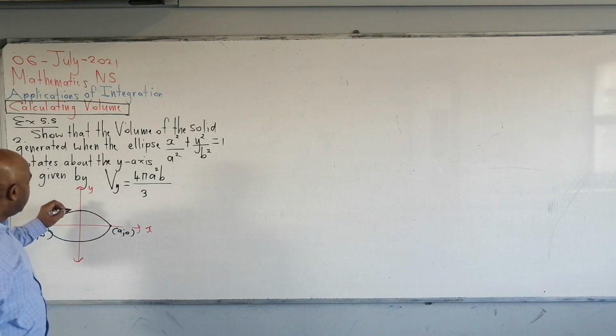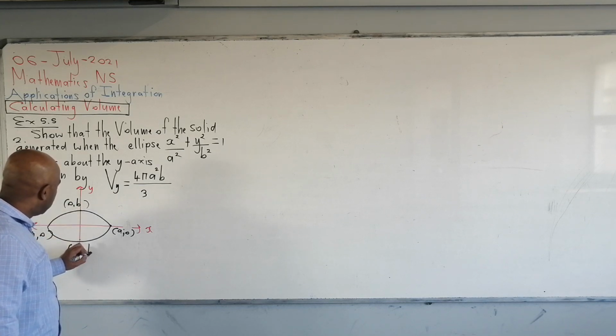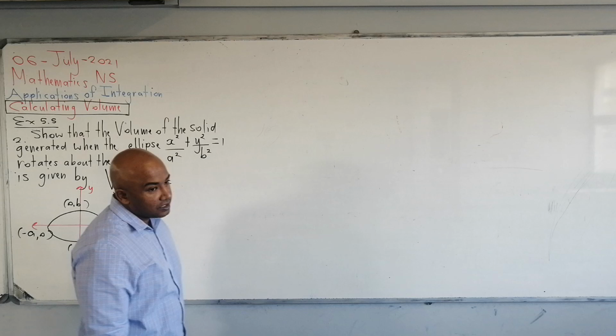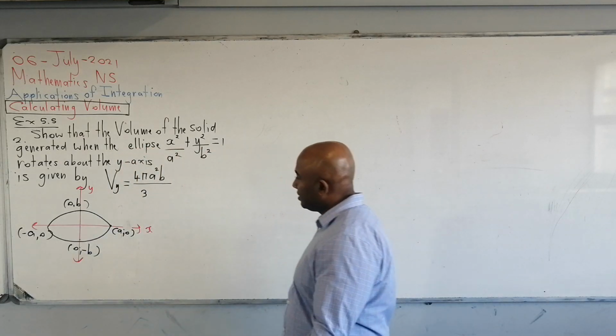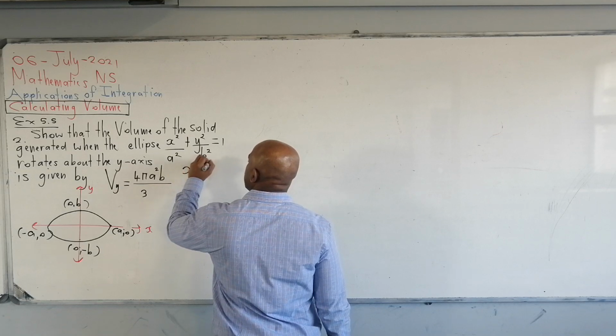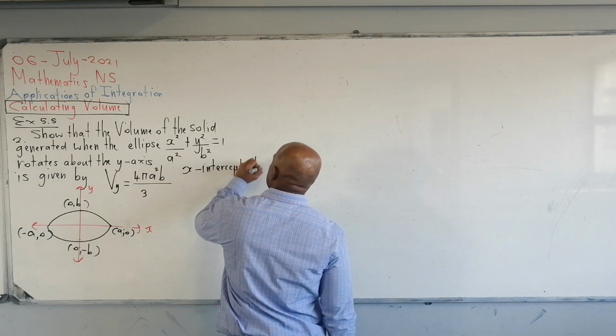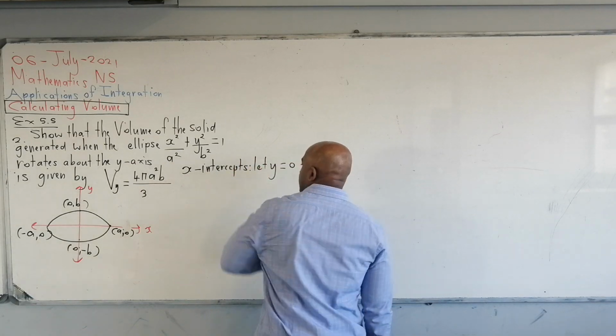And b and minus b will be your y-intercepts. So that's 0, b, 0, minus b. How did I get that? Okay, how did I look at it? So let me just show you. For x-intercepts, you let y equal to 0.